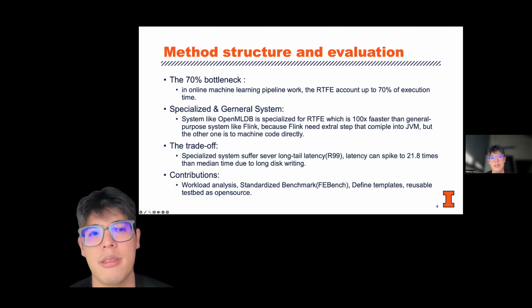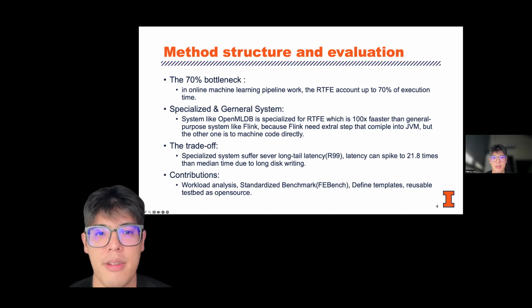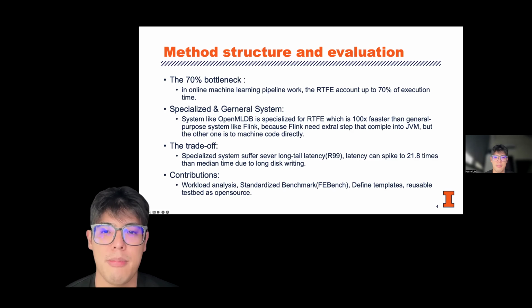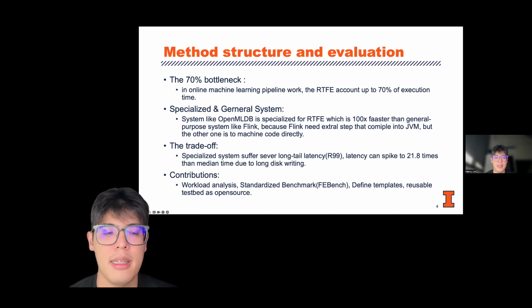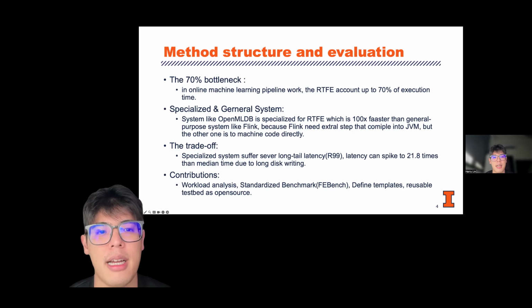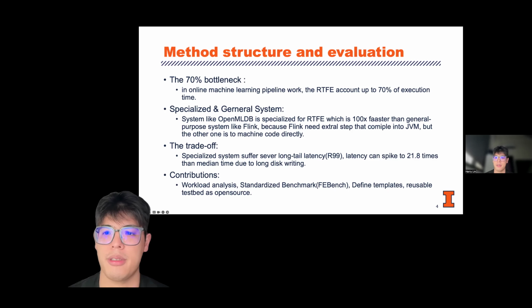But the trade-off is that the specialized system suffers severe long tail latency, where the latency can spike 21.8 times above the median time due to long disk writing. The contribution is that it provides a workload analysis, a standardized benchmark, FE bench, and defines a template and a reusable test bed as open source.